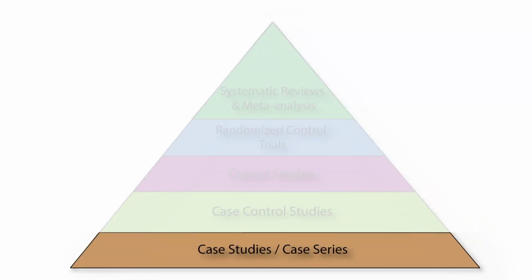So let's start with the bottom of the hierarchy. This is the lowest quality of evidence, the base of the pyramid, so to speak. Evidence that deserves a quick look but may not make an important decision in your life or in the doctor's treatment plans. And those are case studies or case series. What constitutes case studies and case series are situations where a physician encounters a clinical problem, they try a treatment that maybe they're unfamiliar with or they have not used to treat this condition before, and they see a result that excites them and encourages them.